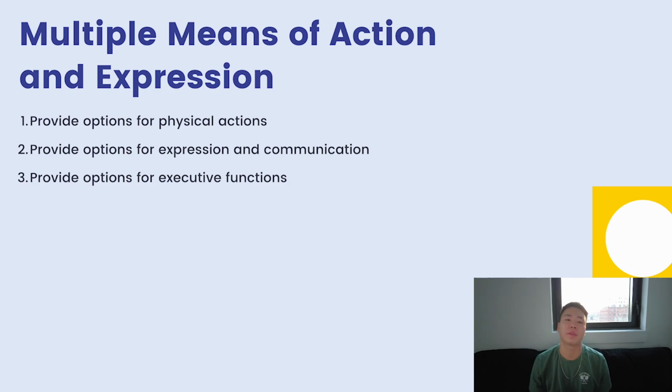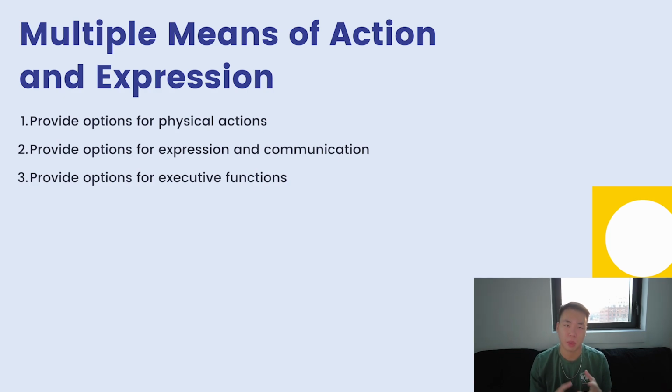Different students like different ways of expressing their knowledge, and sometimes a multiple choice test or writing essays is not the best way to test someone on their ability to know a specific topic. Other students like interactive projects, group projects, maybe activity or project-based learning. There are a lot of different ways that students or learners might express themselves.